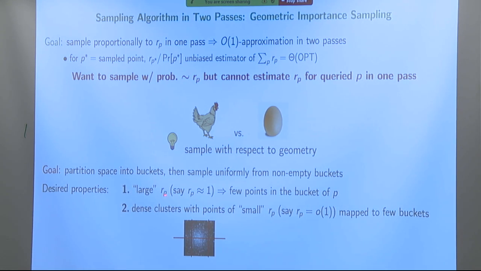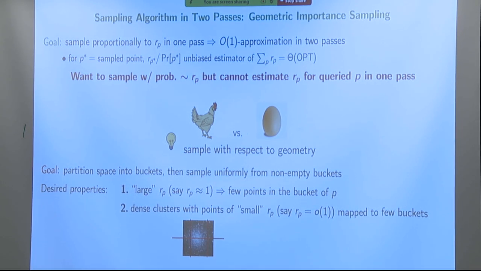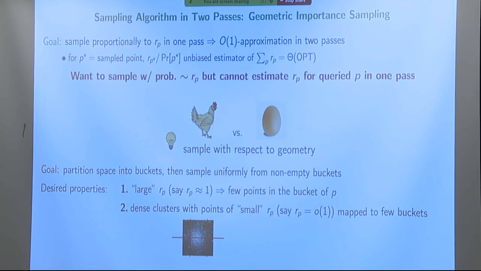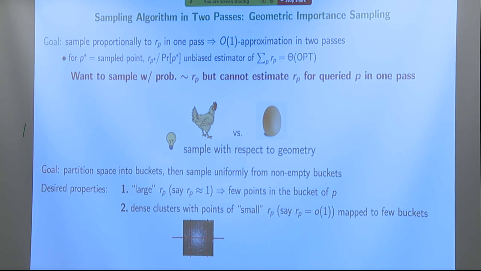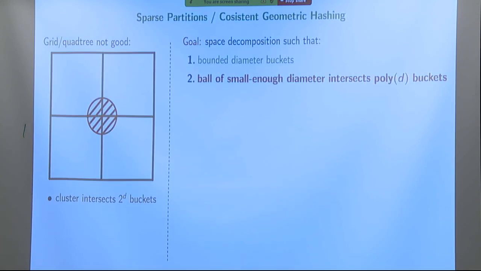For large RP, we would like to show that there are only a few points in the bucket of P. Whereas these dense clusters that we are hitting a lot by uniform sampling, we would like them to actually be mapped into just a few buckets. If you think about it for a second, you realize this is pretty much what Arnold told us about a few minutes ago. So we would like to have a space decomposition.